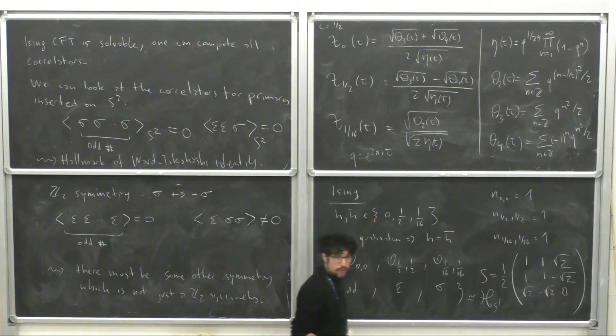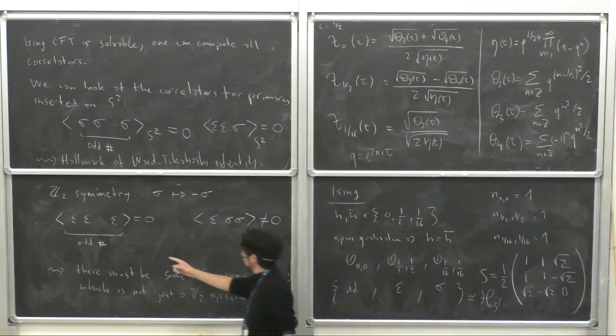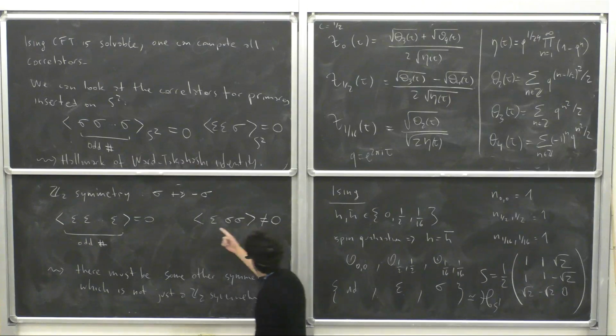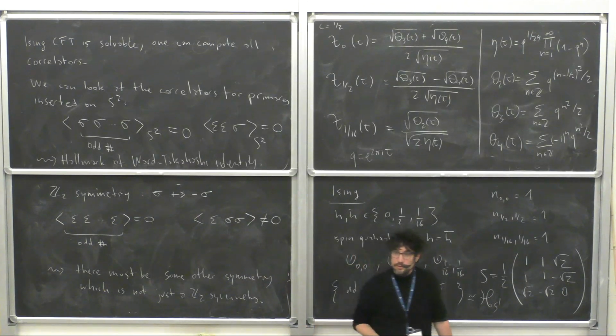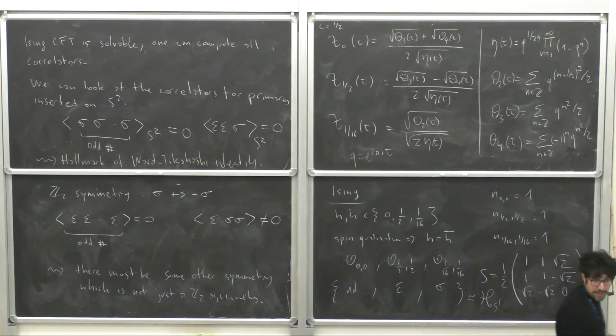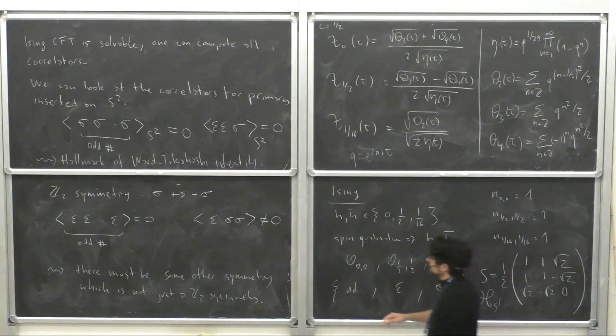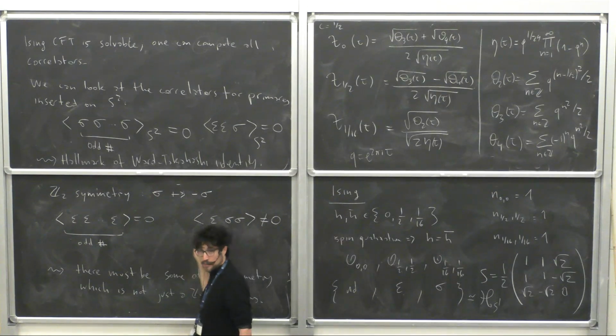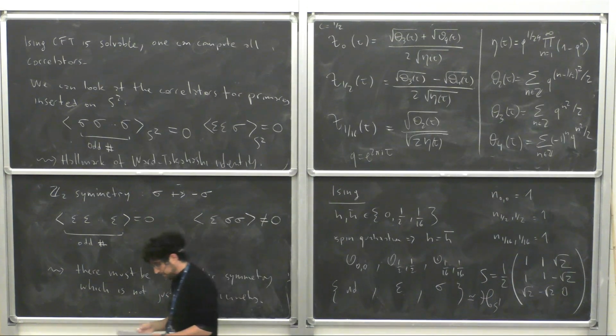It's a tricky one. Because if epsilon were to transform, well, here how can it be non-zero? It's very tricky to explain this result exploiting ordinary symmetries.